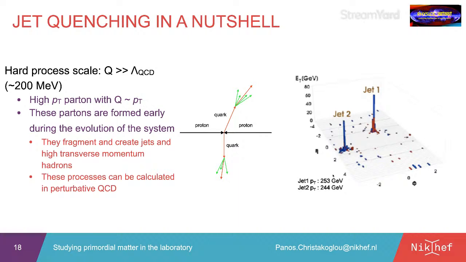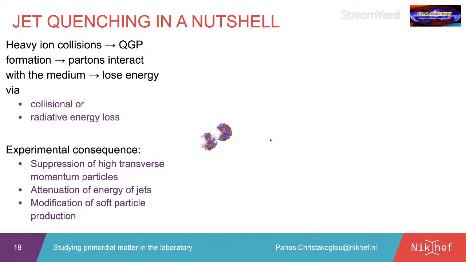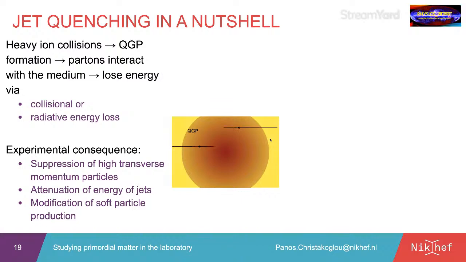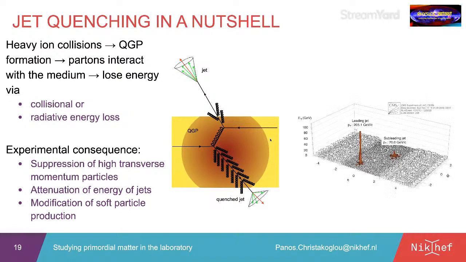Now, this changes drastically, radically, when we move from proton-proton collisions, where we do not expect to form a quark-gluon plasma, to collisions between heavy ions. Over there, you form a quark-gluon plasma. The partons that are emitted through this hard process interact with the medium. They can lose energy via either collisional or radiative energy loss.